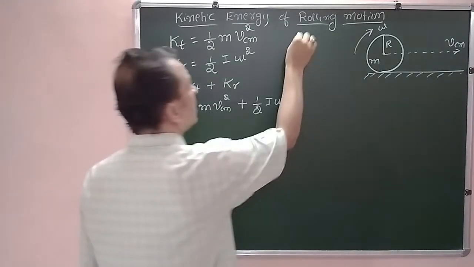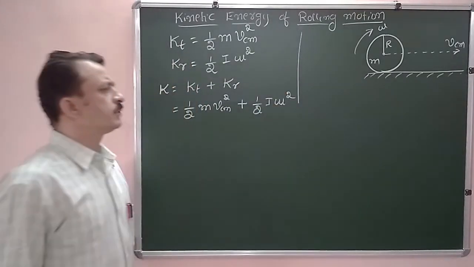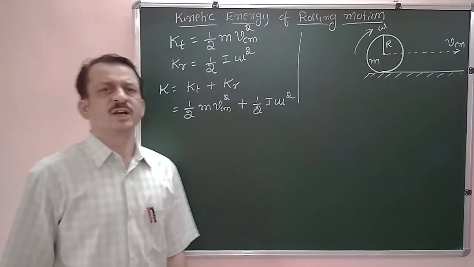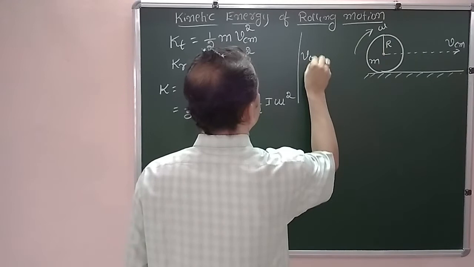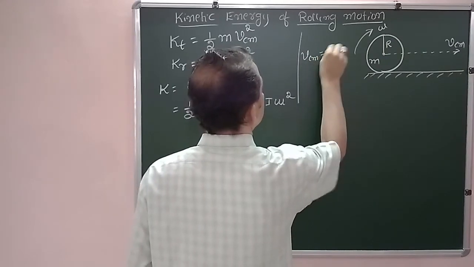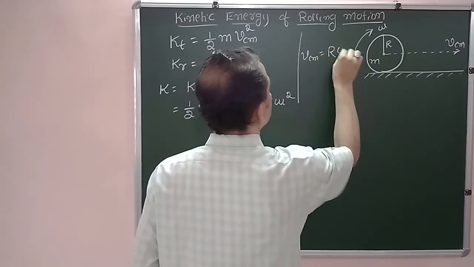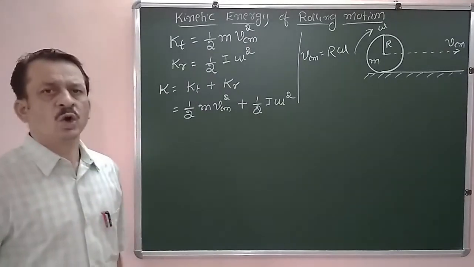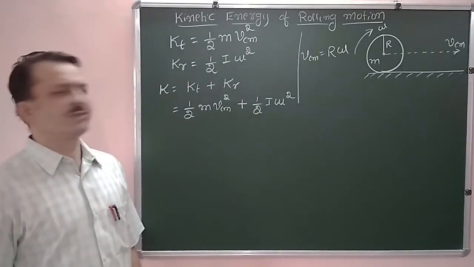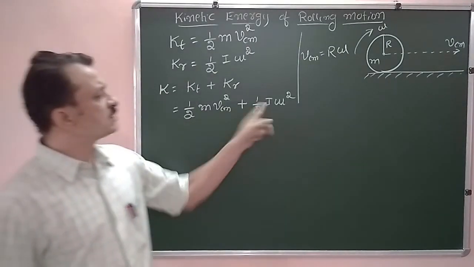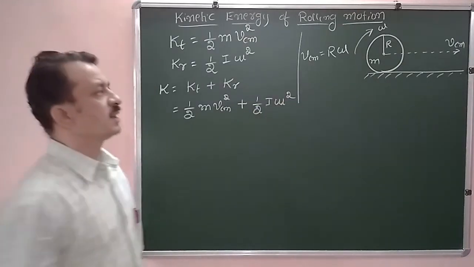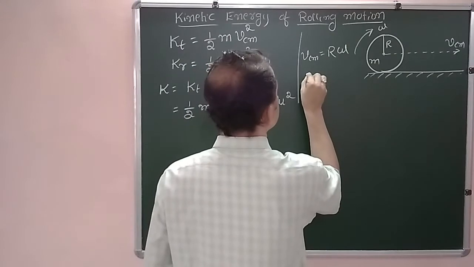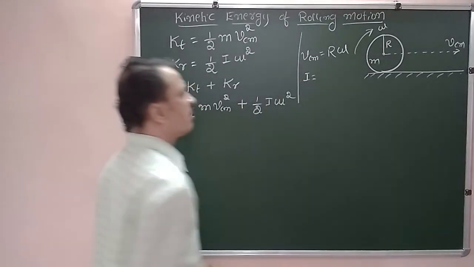Okay. Now we have the relation between the angular velocity and linear velocity. That is given by linear velocity VCM is equal to the radius r into angular velocity omega. That one relation we are having. And also I is the moment of inertia of that circular disc about its axis perpendicular to its plane. Now that we have already studied.